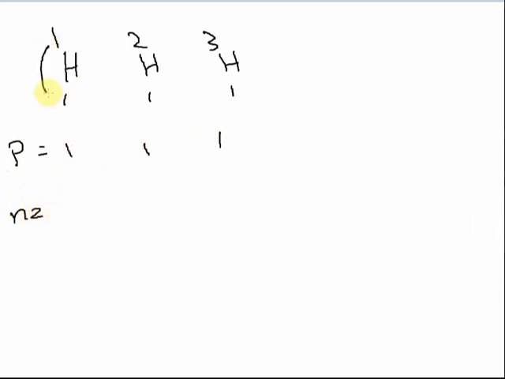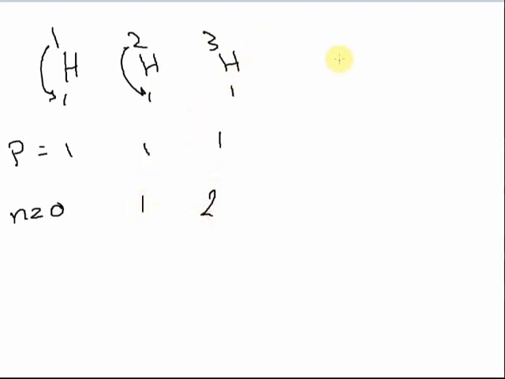The number of neutrons in the first one equals 0, so it doesn't contain neutrons because the number of protons equals the mass number. In the second one, the number of neutrons equals 1, which is 2 minus 1. The number of neutrons in the last one equals 2 neutrons.